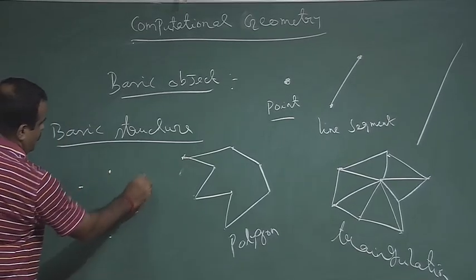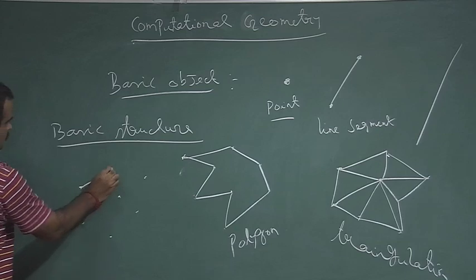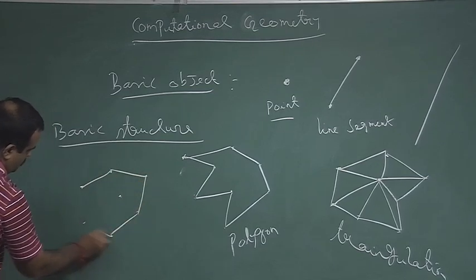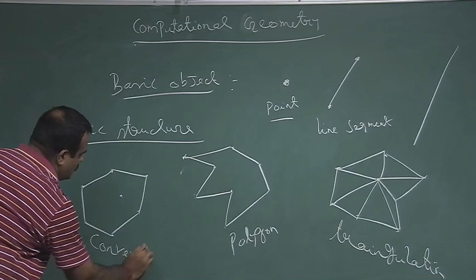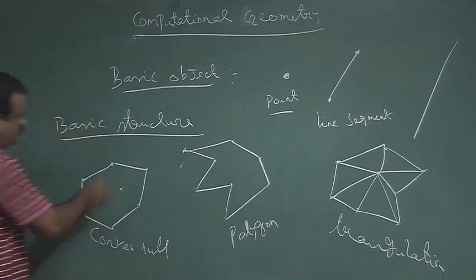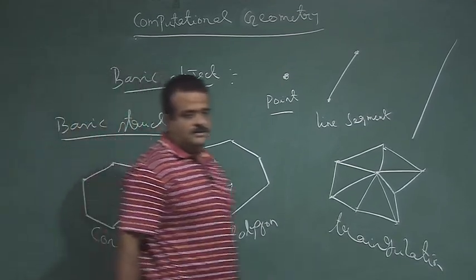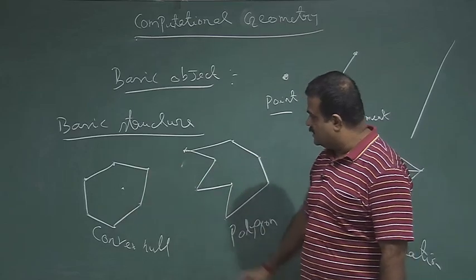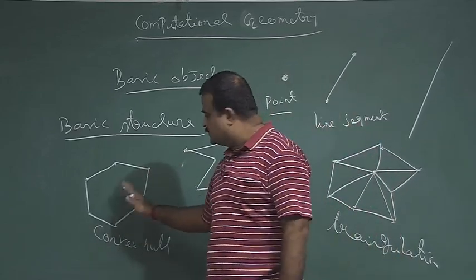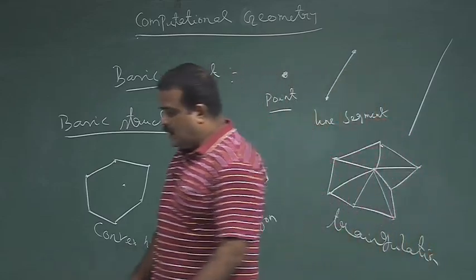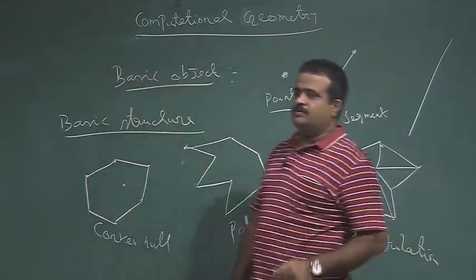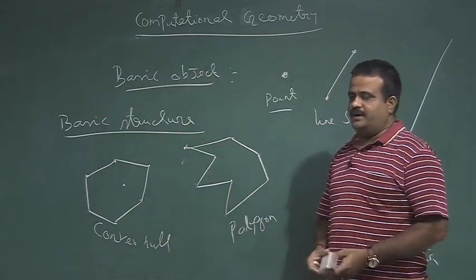We have some points and we have to enclose these points in such a region that if you take any 2 points, they should be inside that region. So this is the convex hull. These are the problems which are used in fluid mechanics or any other area.